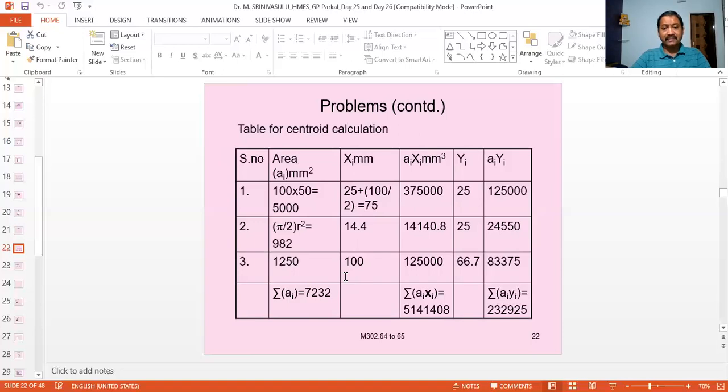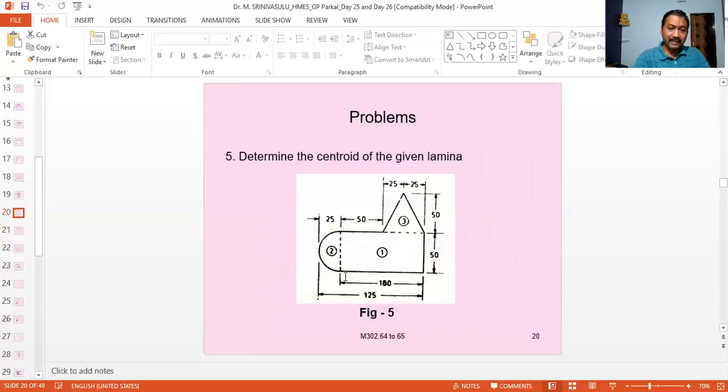And the x1 coordinate: seeing the figure here, x1 means what? This is the y-axis, from this it is at a distance of 100 mm. This is 50, this is 50. It is 100 mm. So the CG of this figure is lying at a distance of 100 by 2 from this point.